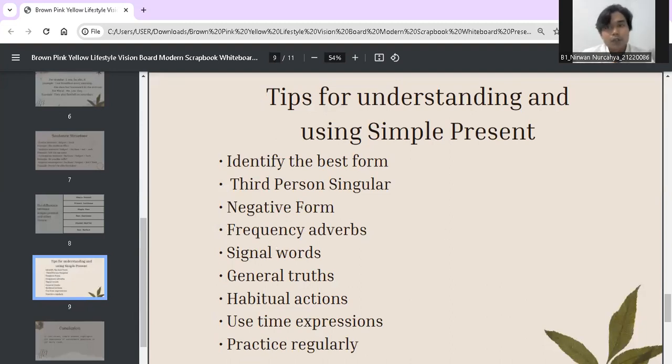And tips for understanding and using the simple present: identify the base form, third person singular, negative form, frequency adverbs, signal words, general truths, habitual action, use time expressions, and practice regularly.